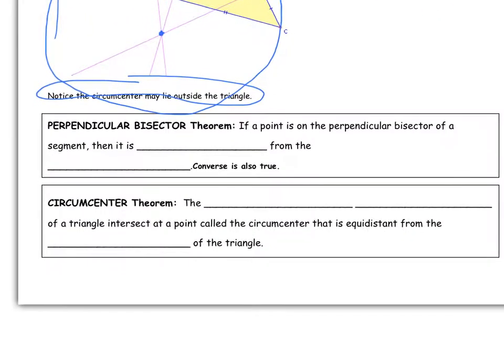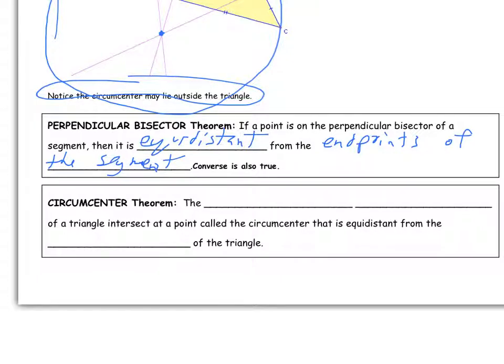So, the perpendicular bisector theorem says that if a point is on the perpendicular bisector of a segment, then it is equidistant, which means the same distance, from the endpoints of the segment.